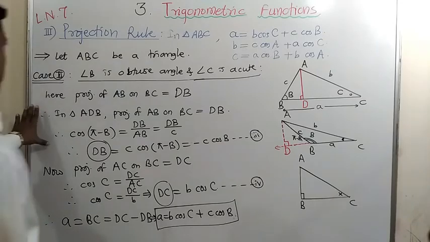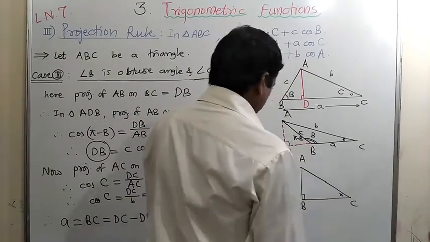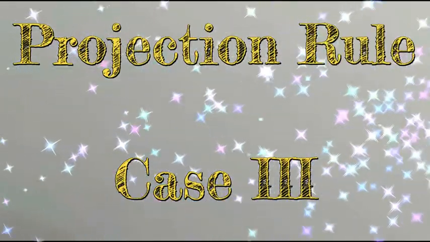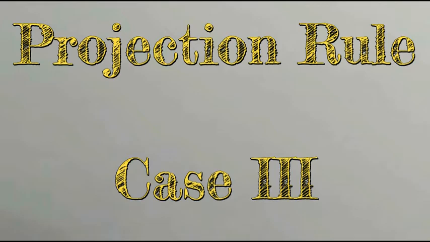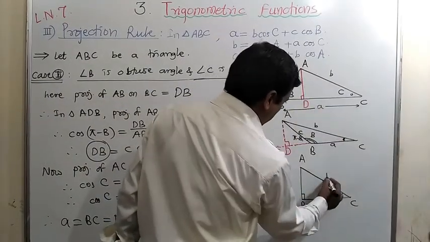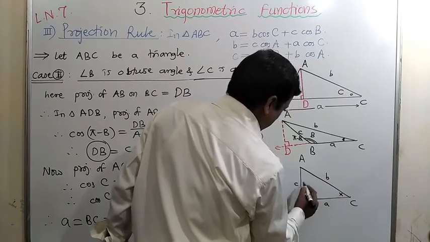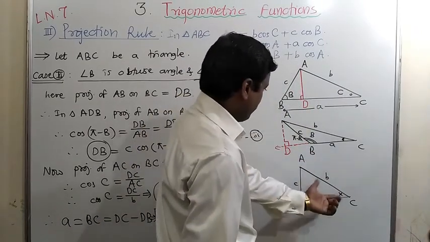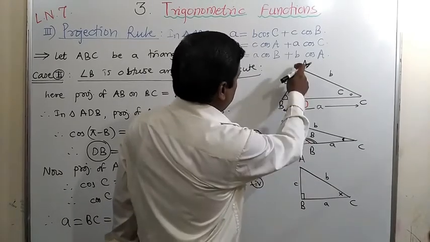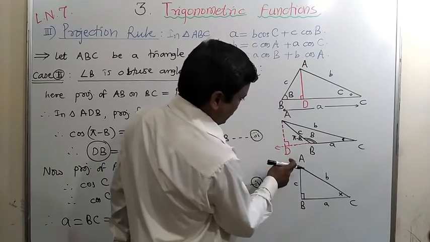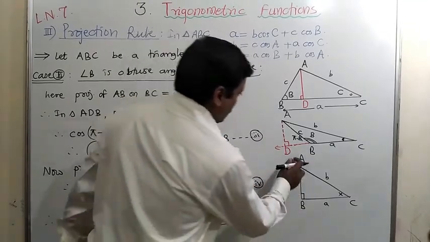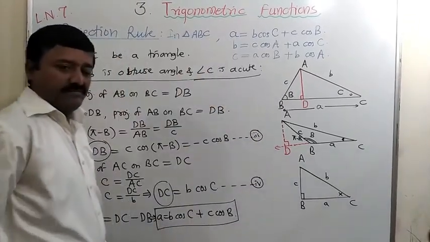Okay, and this is about the obtuse angle B. Now let us see about right angle B. Projection rule case 3. In this case, side AC is b, this is a and this is c. Here side AC is present, but the shadow of AB is 0, meaning the projection of AB becomes 0, but the projection of AC is BC.